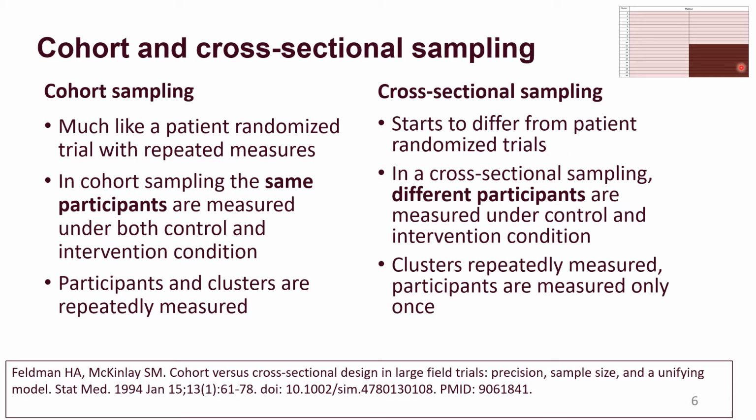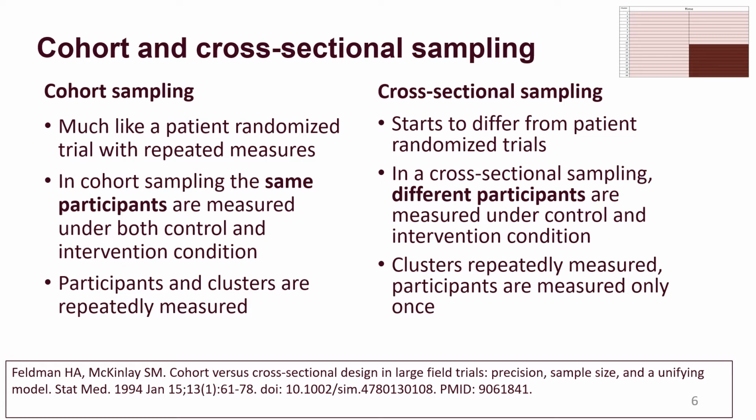Now, in cluster randomized designs with baseline periods, we have a choice between whether we might implement the study design using what's known as cohort sampling or using what's known as cross-sectional sampling. Now, cohort sampling is much like what happens in a patient randomized trial with repeated measures. So in a cohort sample, the same participants are measured both under the control condition and then the intervention condition.